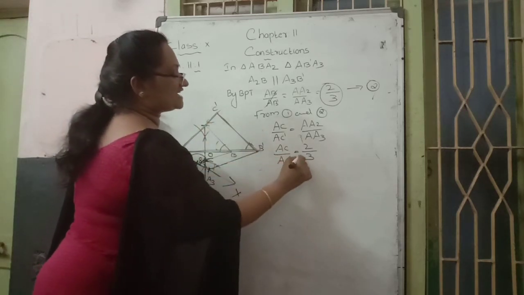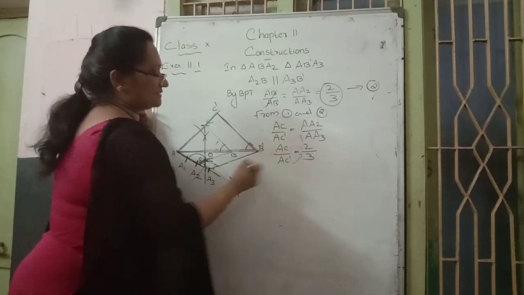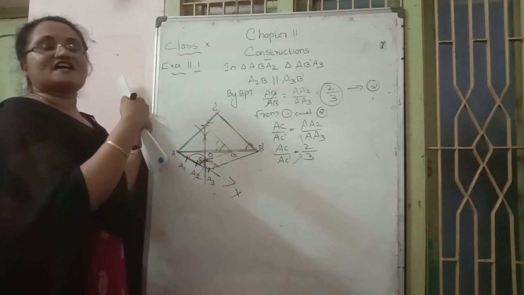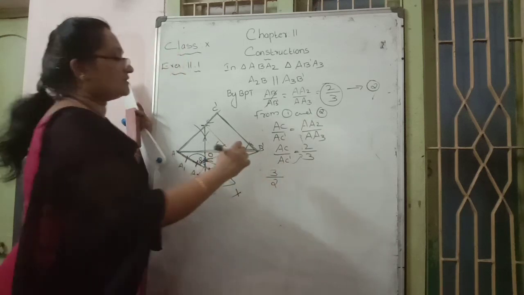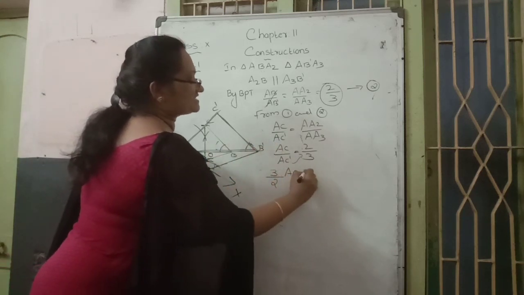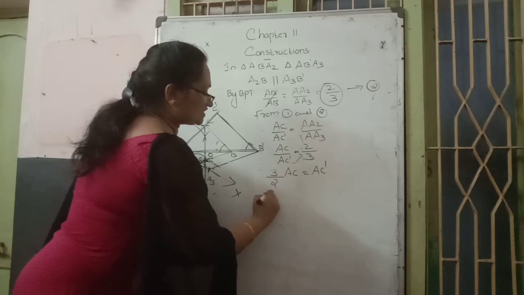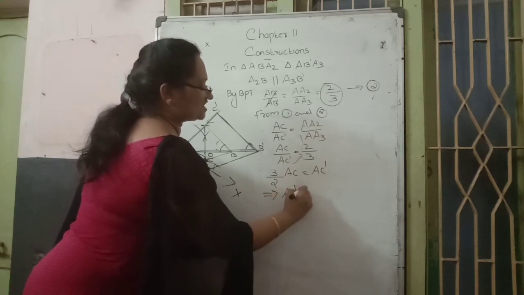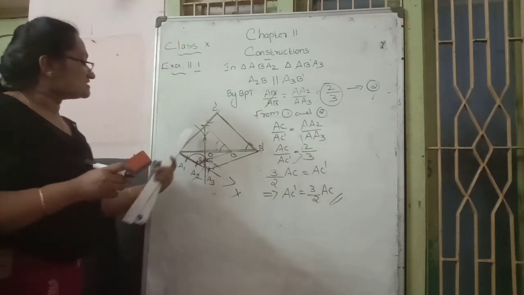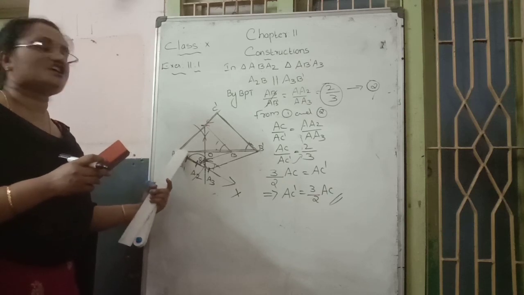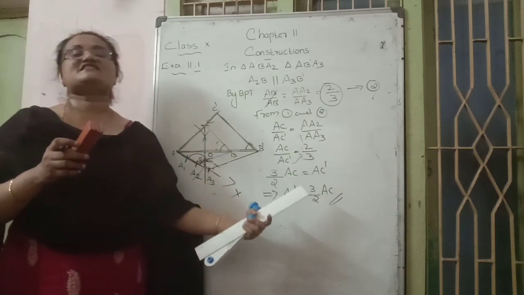That's why AC dash is sent to the right side, and 2 by 3 goes to the left side as a reciprocal. So 3 by 2 times AC on the left side is equal to AC dash on the right side. Otherwise we can clearly write AC dash is equal to 3 by 2 times AC, meaning AC dash, the side of the similar triangle, is equal to 3 by 2 times AC, the side of the original isosceles triangle.